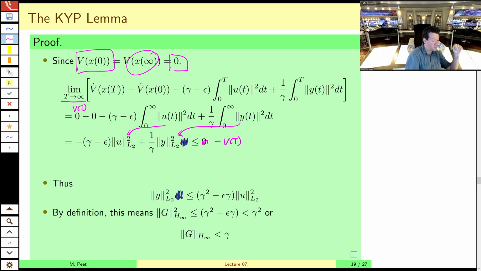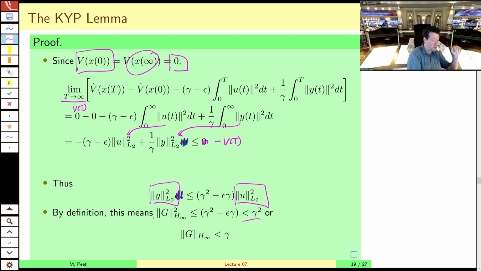And now we just multiply through by gamma, and the L2 norm of y is less than the L2 norm of u times gamma squared, and there's a squared term here. This term is strictly negative, and that's why we had all those epsilons there, to make this strictly negative in the end.